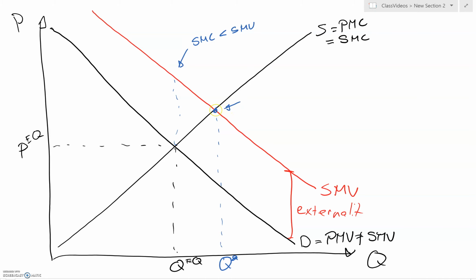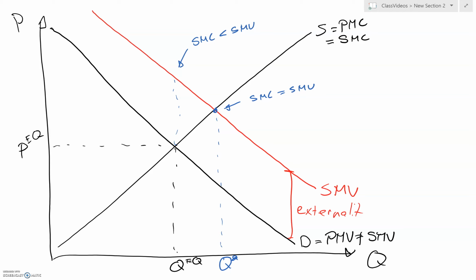At this point, where the social marginal value curve intersects with the social marginal cost curve, this is the quantity where we maximize total surplus, right? This is where social marginal cost equals social marginal value.